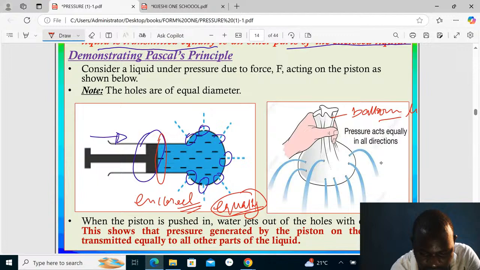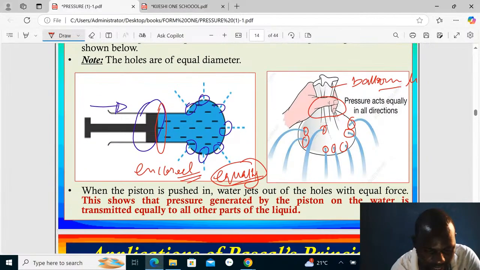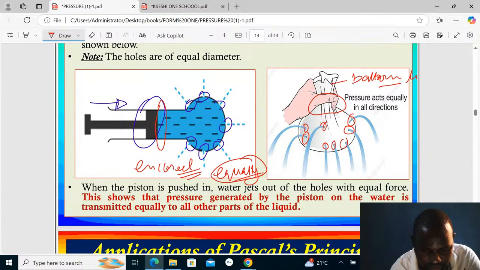Then some holes are made, and the person presses or tries to tighten up these parts by pressing it. Then the liquid will come out in all directions, provided that there are some holes.